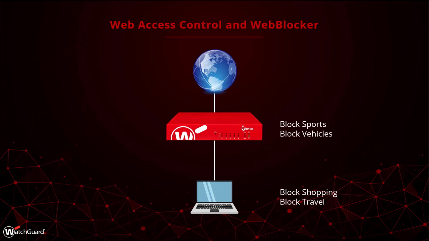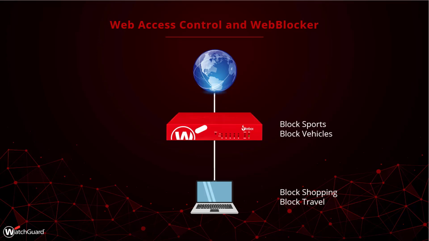Speaking of WebBlocker, this is a security service on WatchGuard Fireboxes that can also block website access by category. You might be wondering how Web Access Control and WebBlocker work when both are in use in a network. Simply put, the blocked categories from both will be combined.